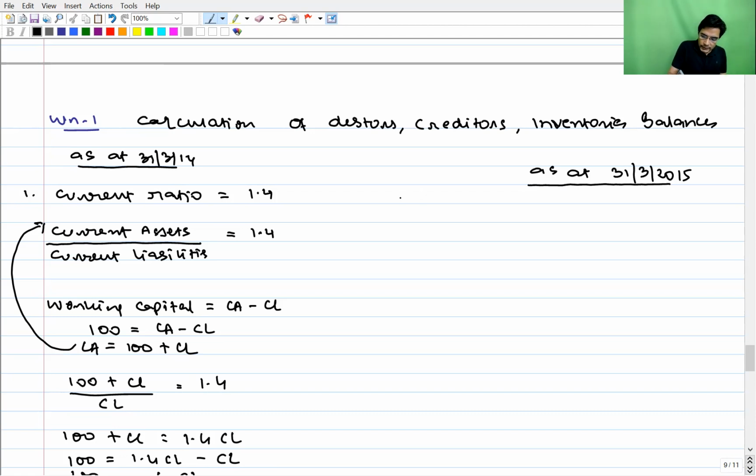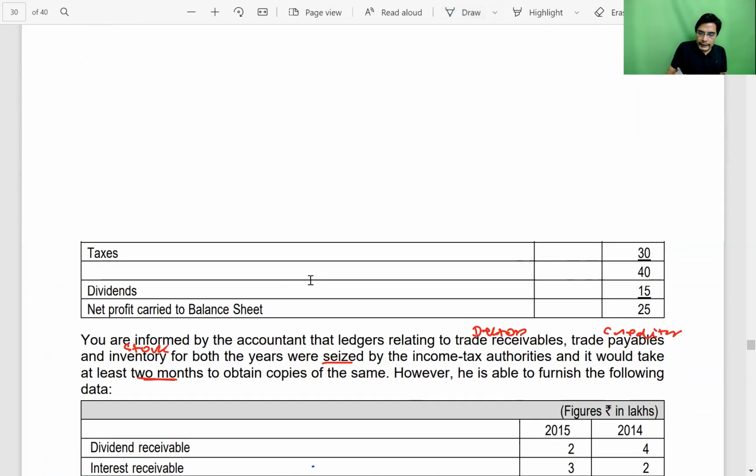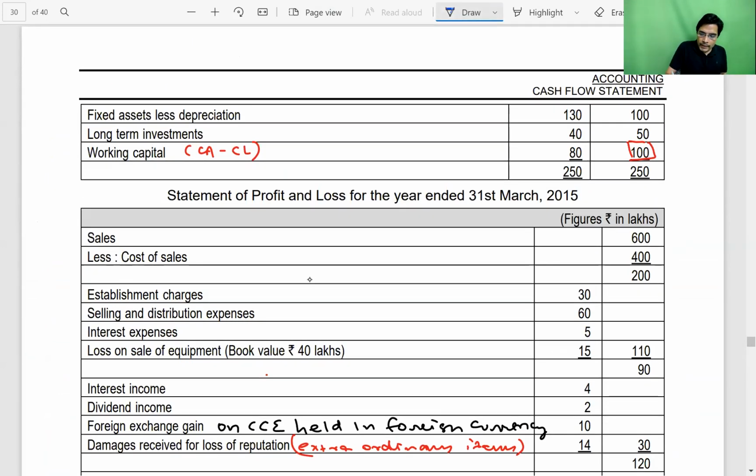First, current ratio. At the end of the year, that is on 31st March 2015, current ratio given is 1.5 and working capital as at 31st March 2015 given is 80.